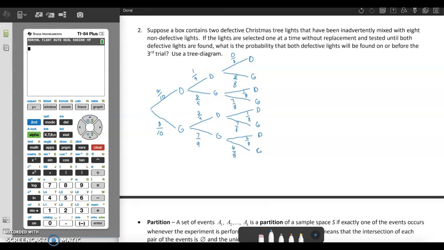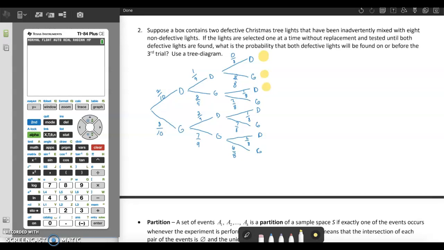So now let's see. They want to know the probability that we have found both defective lights. So in which of these branches have we found both defectives? That would be the top branch, we found them in 2. And then we have D, D, G, so we found both defectives there. D, G, D found both defectives.